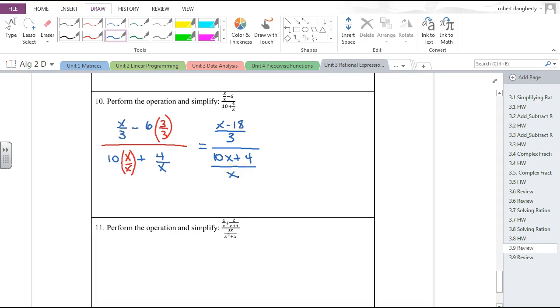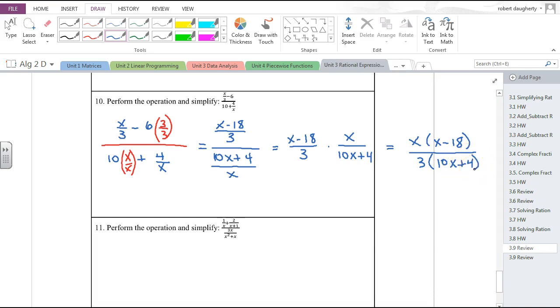Now I have fraction over fraction. Turn this division into a multiplication. So this is x minus 18 over 3 times x over 10x plus 4. And so this is just x times x minus 18 over 3 times 10x plus 4.